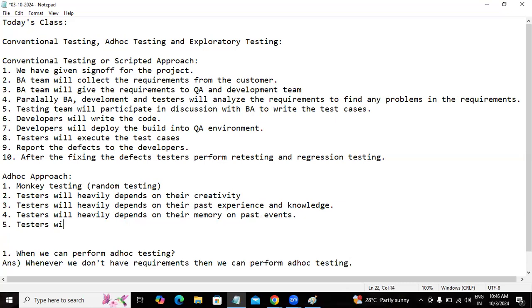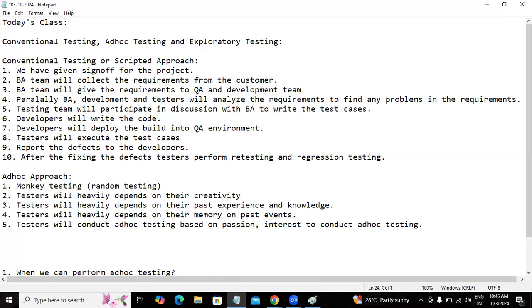Testers will conduct ad hoc testing based on passion and interest.